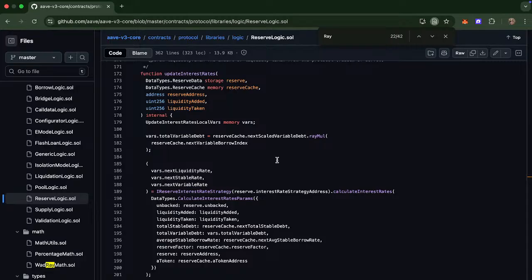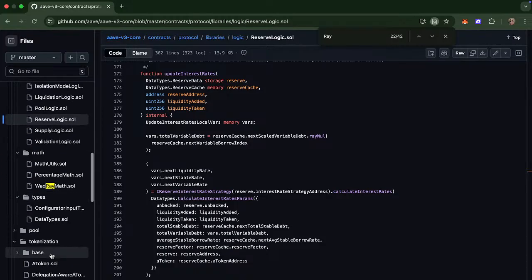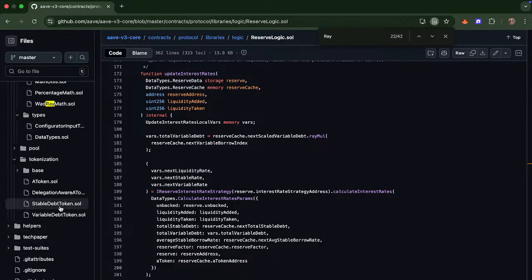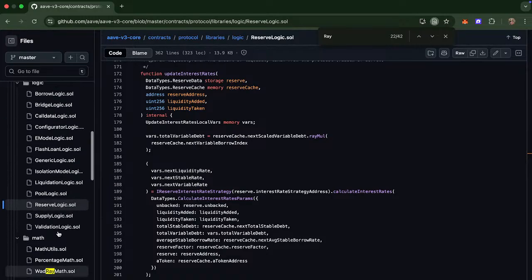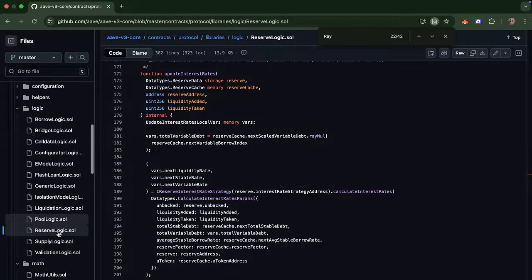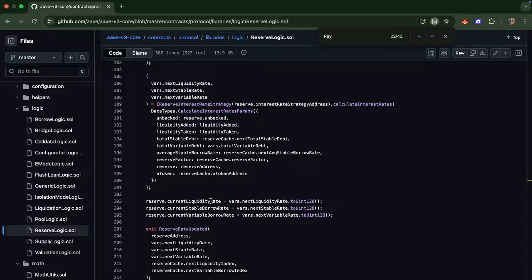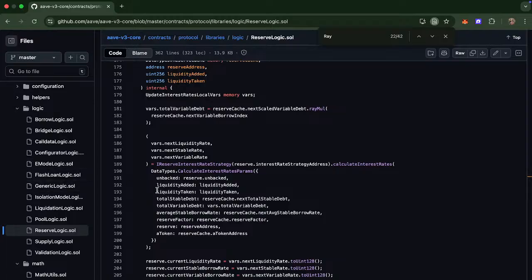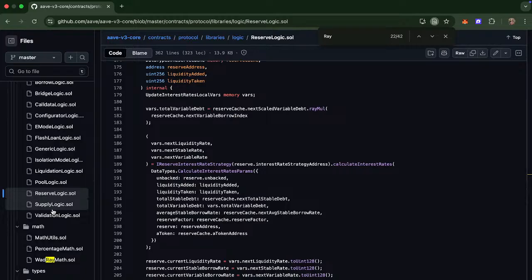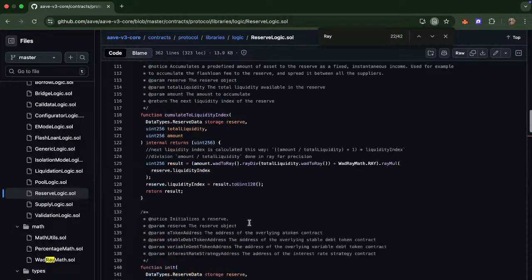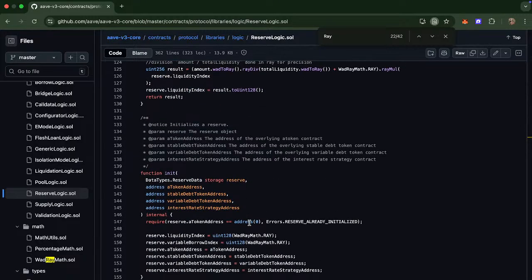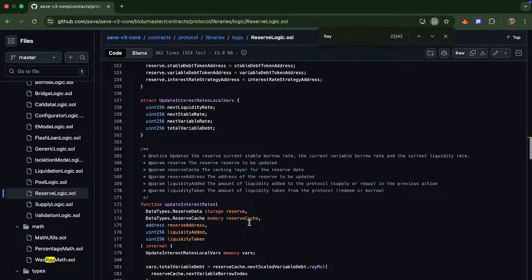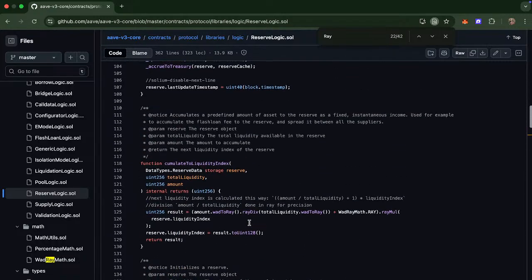Calculate interest rate, high interest rate strategy. How is it calculating the interest rate and where is the logic for interest rate strategy, where is it?